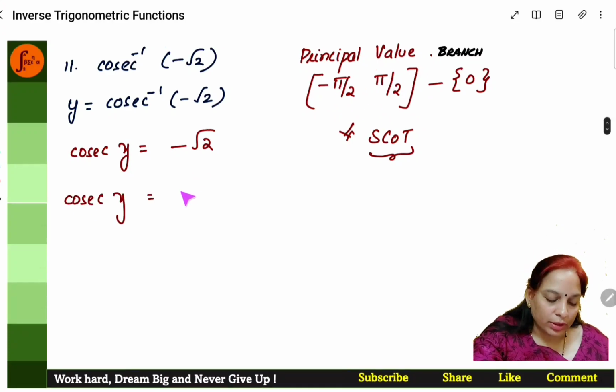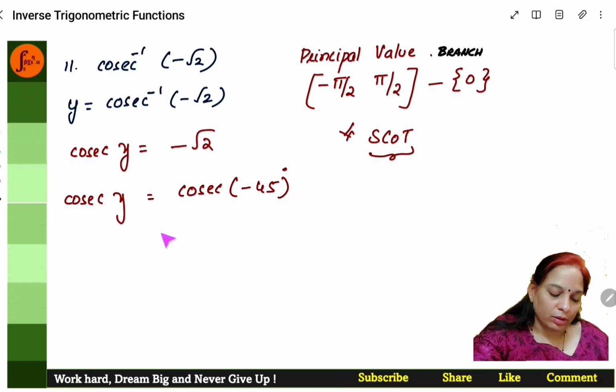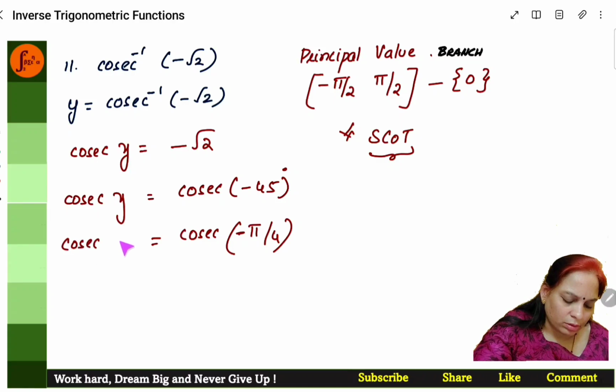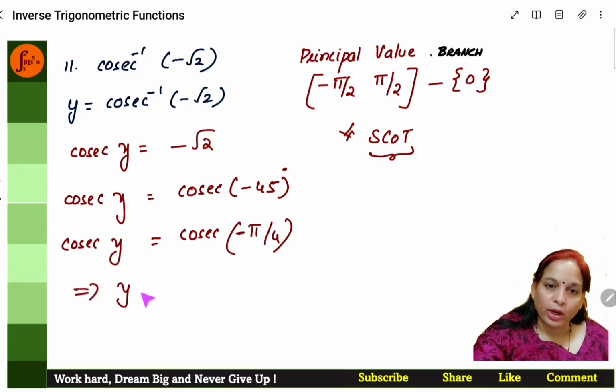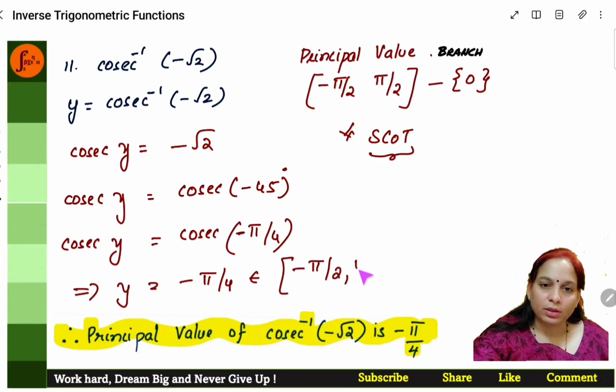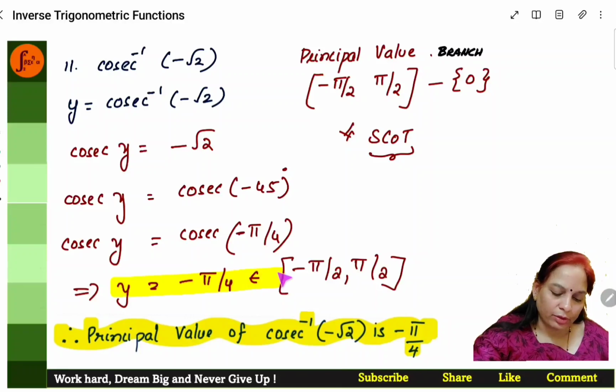Now cosec of 45 degrees is root 2, that is cosec of pi by 4, so cosec of minus pi by 4 is minus root 2, equal to cosec y. This implies that y is equal to minus pi by 4, and this belongs to the principal value branch, which is minus pi by 2 to plus pi by 2. Therefore, the principal value of cosec inverse minus root 2 is minus pi by 4.